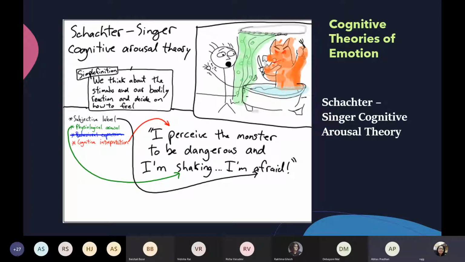Is it because a dog is chasing me, so I'm afraid? But if I'm running a race, I interpret I'm running a race, so I'll not be afraid. So the arousal here is not important. The appraisal of the situation, or the appraisal of why there is an arousal, is important.